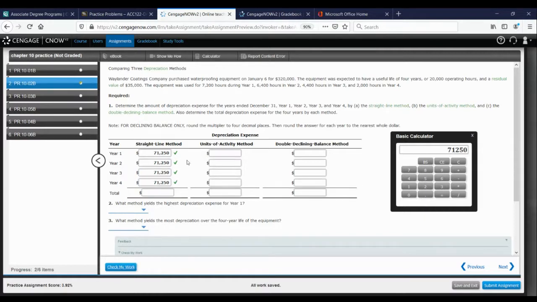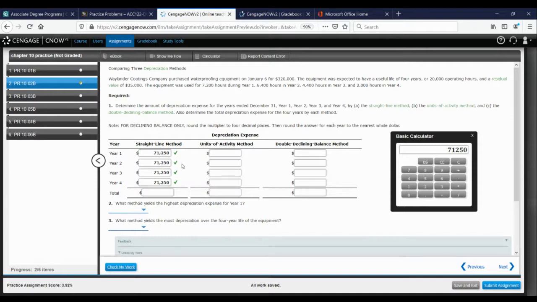So when you're doing the straight line method, remember, you find the depreciable value by subtracting the scrap value from the cost of the asset, and then we will divide that depreciable value by the useful life in years.